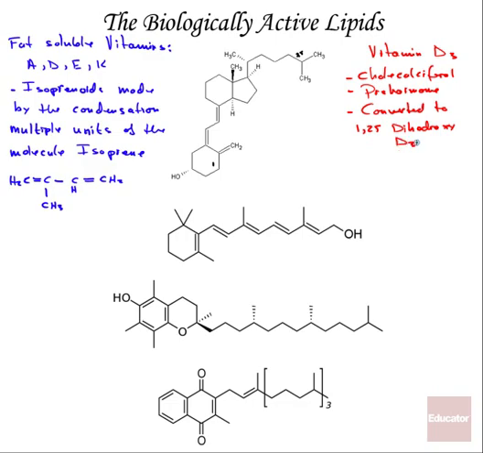What we mean by that is one step in the kidney, one step in the liver. Each one of those steps attaches a hydroxy at the number 1 carbon, at the number 25 carbon. So now what you have is 1,25 dihydroxy cholecalciferol. This is the biologically active form of vitamin D3. Okay, and what this does is it regulates calcium uptake, calcium levels and uptake.